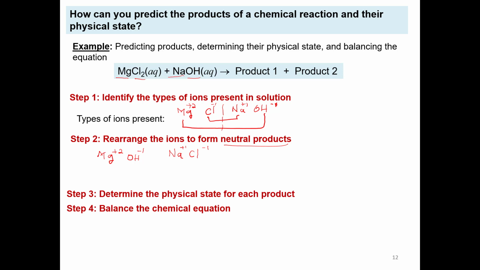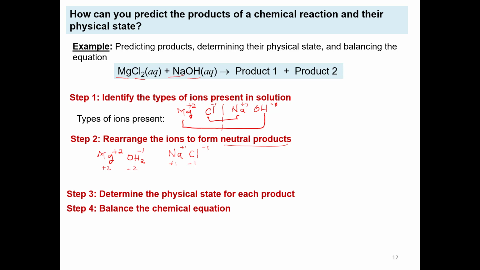Now we need to check if we have neutral products. Yes, and we had here positive 2, but we had negative 1. Then we need to do something to get neutral compounds. Then we need two hydroxide molecules. In this way we will get positive 2 on this side, 2 minus 1 minus 1. Here we don't have a problem. This part is positive 1, this is negative 1. We have neutral products.